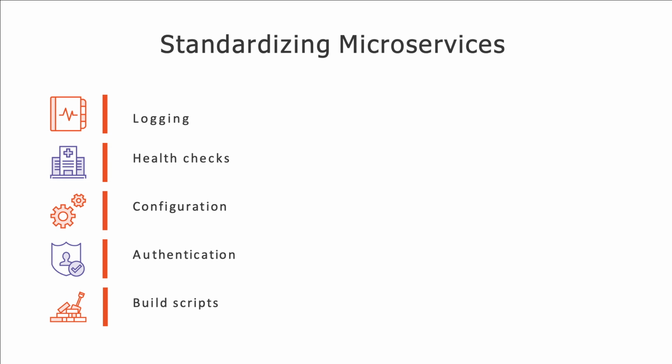Another point that we should make sure about is the configuration. We are injecting the configuration the same way. Let's have an example: if we are using a containerized microservice, Docker or another containerization technology, the way we inject the configuration should be the same. How are we going to inject sensitive information using secrets or something like that?